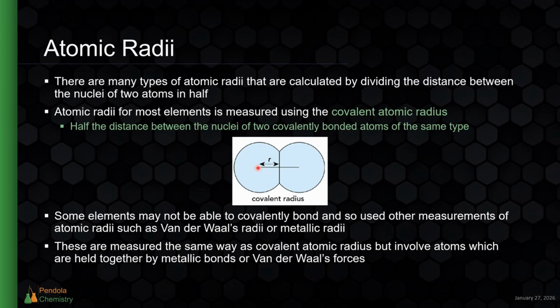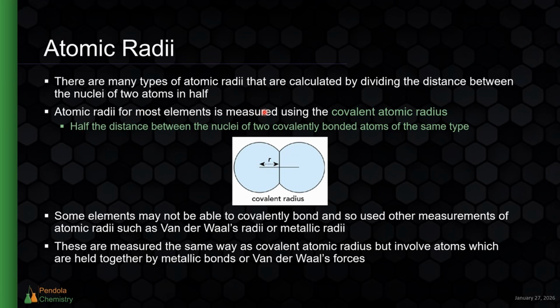Now, why do we need to discuss atomic radii? Well, that's how we discuss the size of an atom. We cannot just talk about the size of an atom by itself, because atoms are not perfectly spherical. They're not perfectly tangible. So we instead discuss the radius based on this definition.